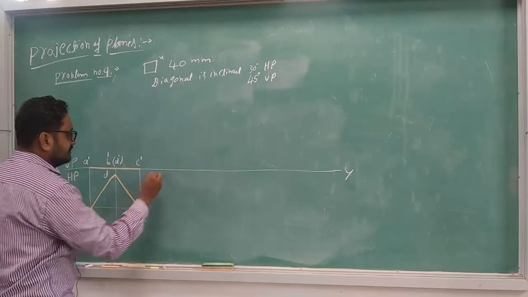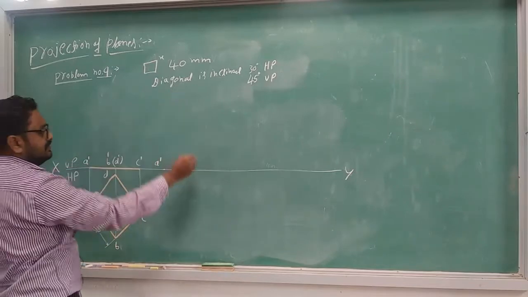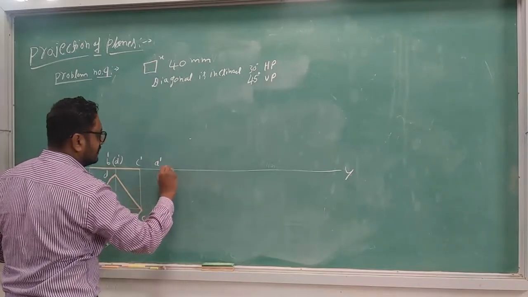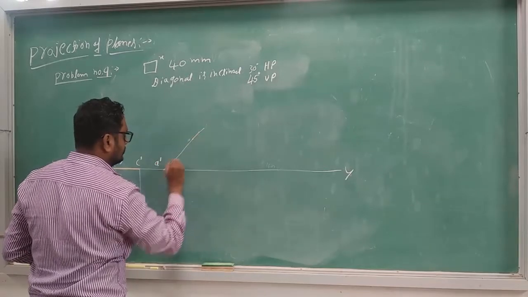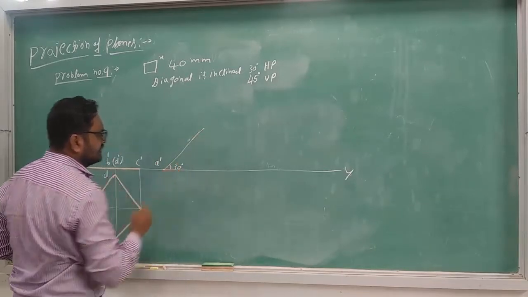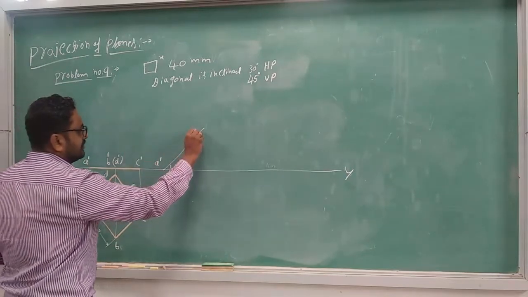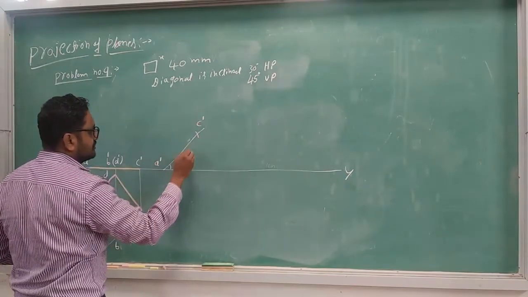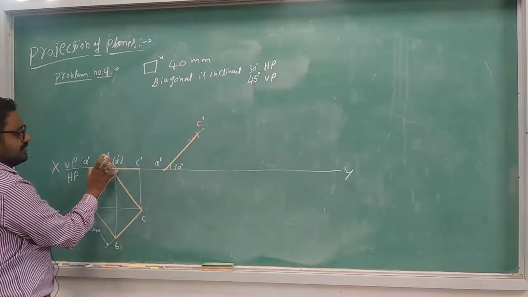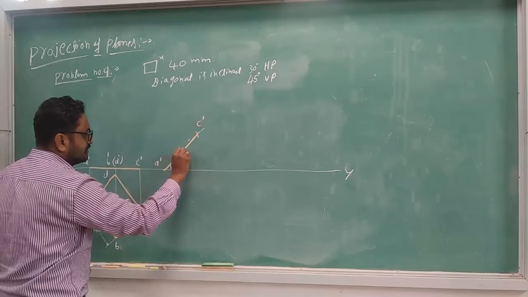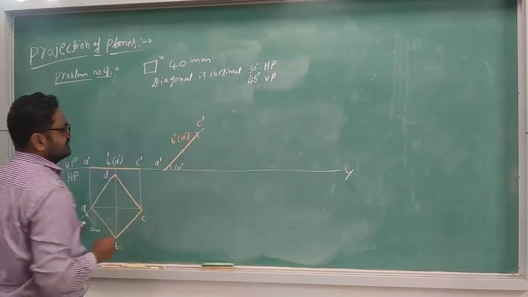First mark the point A dash, then measure 30 degrees and draw a line through it. Then measure the total length A dash to C dash, and draw an arc to get C dash. Then make it visible, and in the same way measure the length A dash to B dash of D dash, draw one more arc, and this point is B dash of D dash.